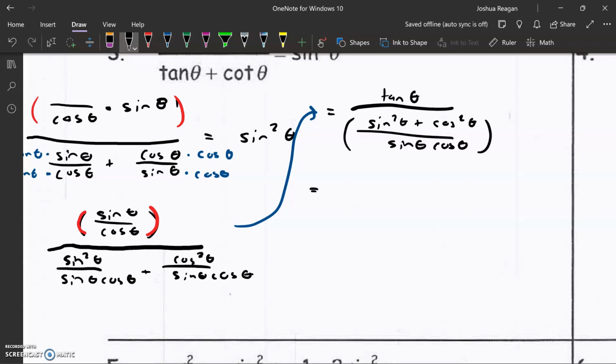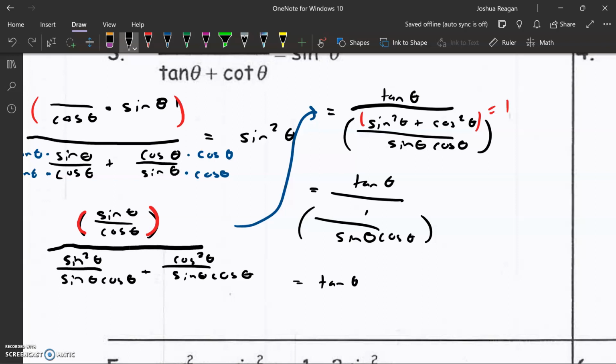So Pythagorean identity right there: sine squared plus cosine squared, that whole thing equals 1. So I have tangent theta over 1 over sine theta cosine theta.